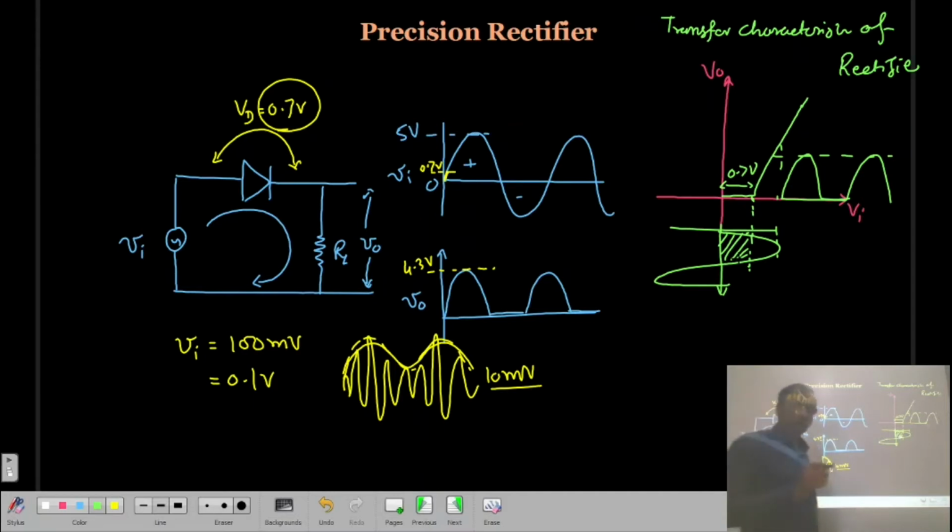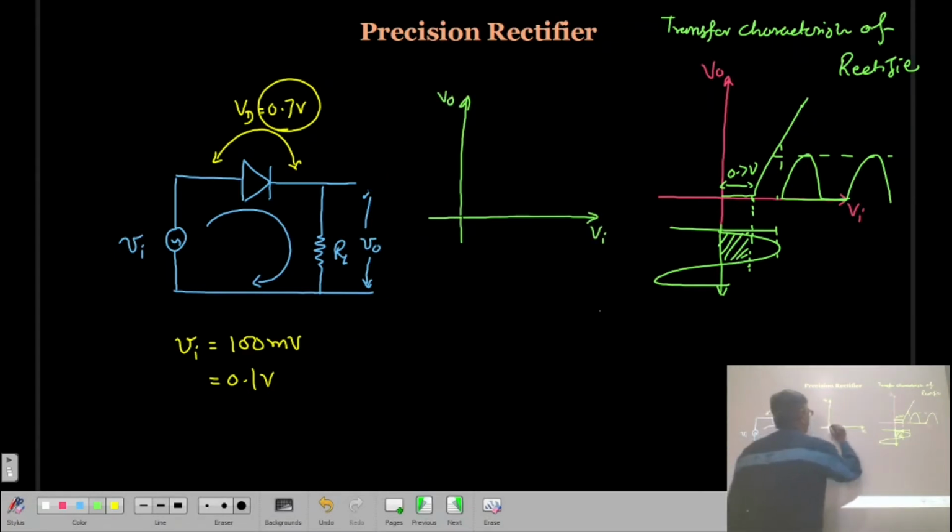But what kind of rectifier do we actually want? The transfer characteristics of the rectifier should be like this. So if the input voltage is very small, then also the output has to be present. Here if I apply the signal like this, then I am perfectly getting this rectified signal, and the output of the rectifier is in this way.